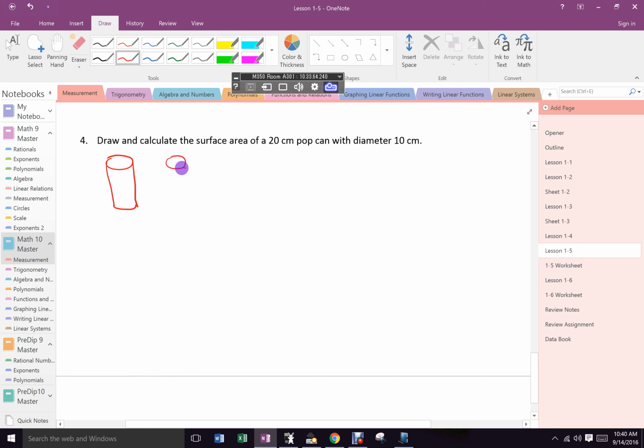It's a circle with a rectangle and another circle. So that's why the formula is 2 pi r squared, because there's two circles, plus 2 pi r h. 2 pi r gives you the circumference, and the h is the height.